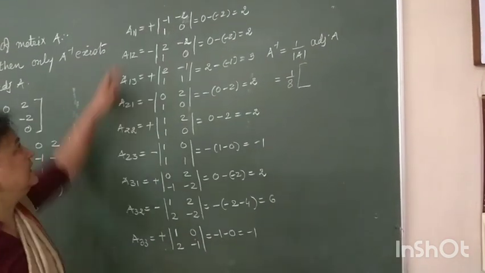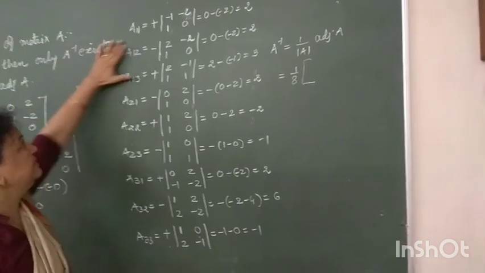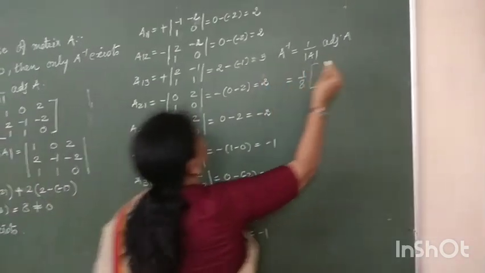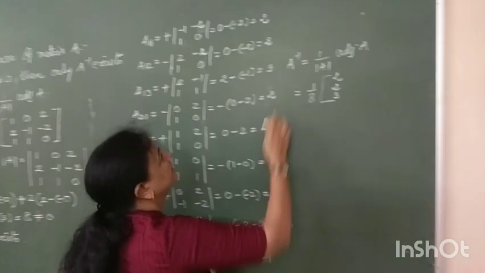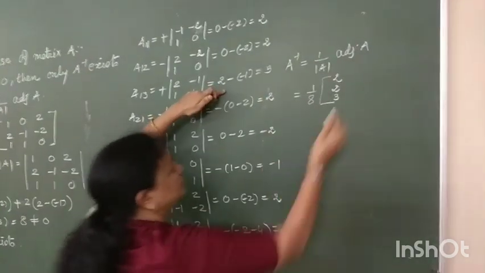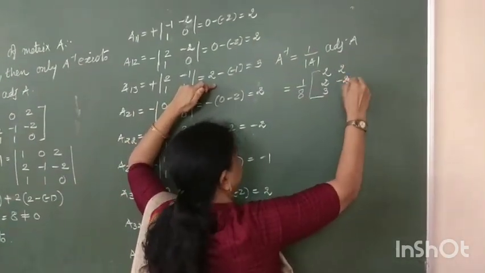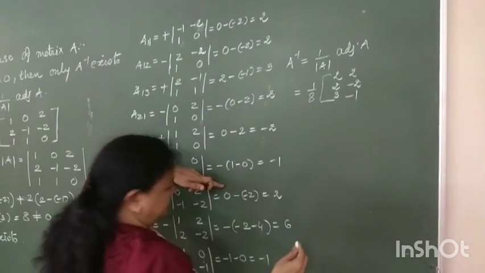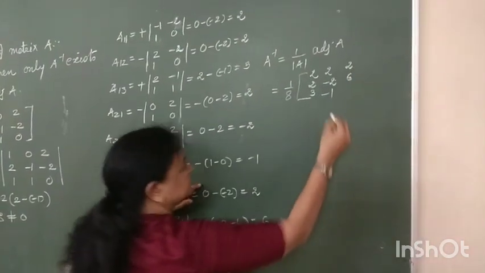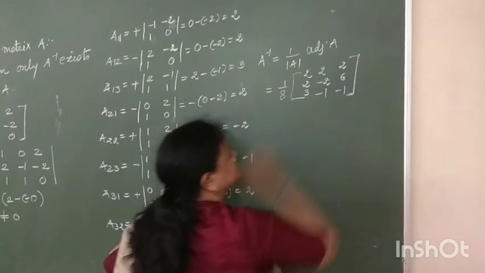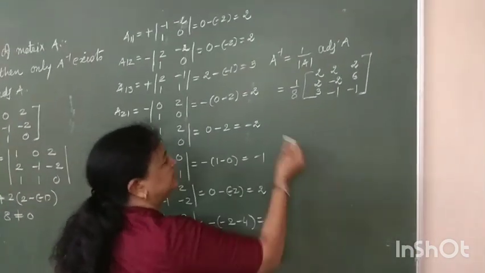We have to write down the transpose of these entries. This one is 2 2 3. Then it is 2 minus 2 minus 1. Then it is 2 6 minus 1.